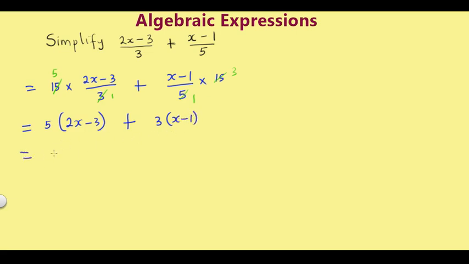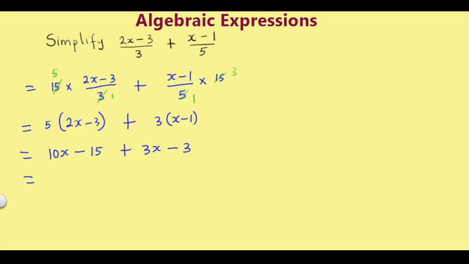Then we open the bracket. It becomes 10x minus 15 plus 3x minus 3.